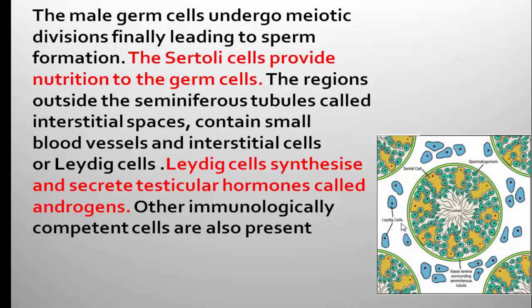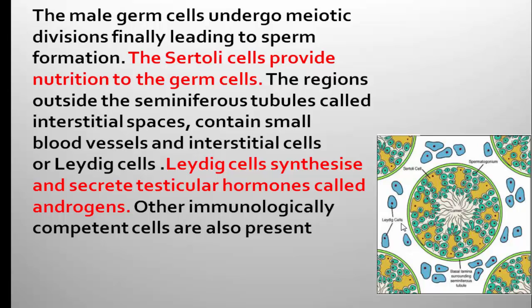What is another name of Leydig cells? Interstitial cells. What is another name of the Sertoli cells? Nurse cells. What is the function of Sertoli cells? They provide nourishment to the male germ cells.